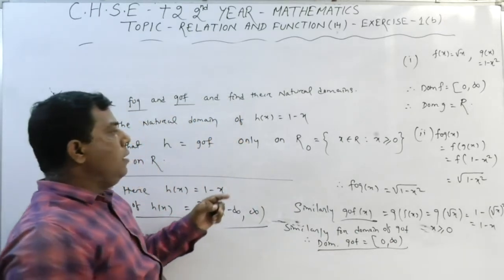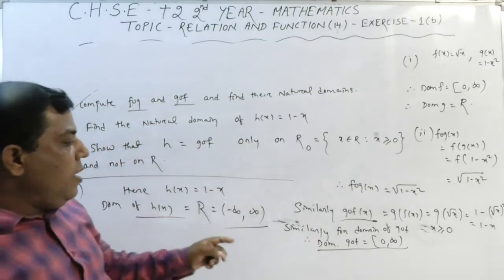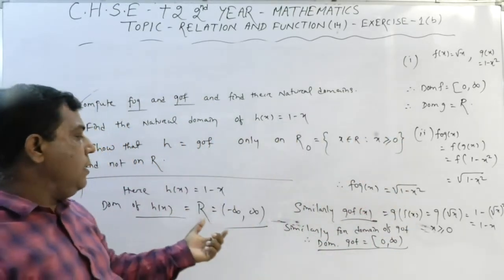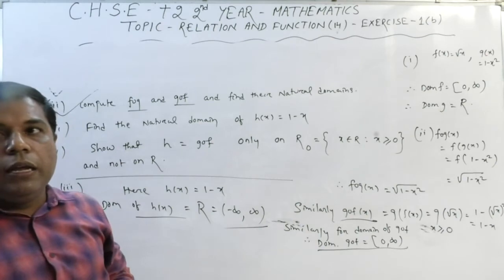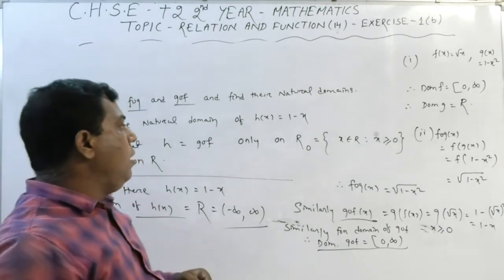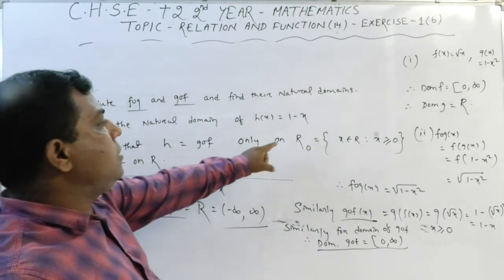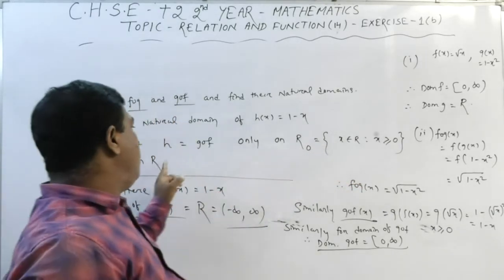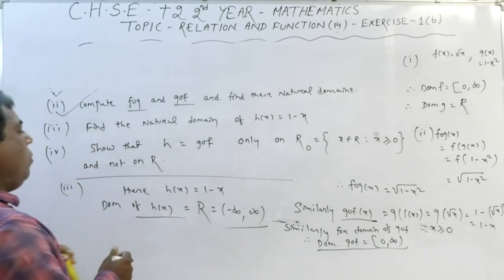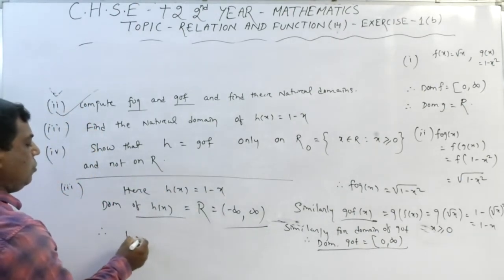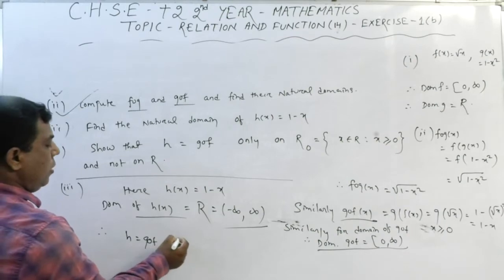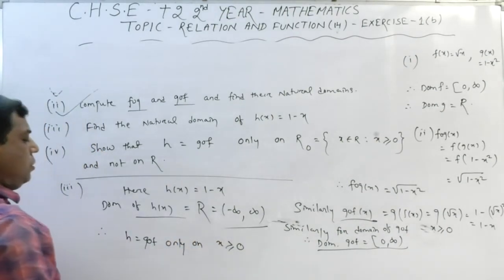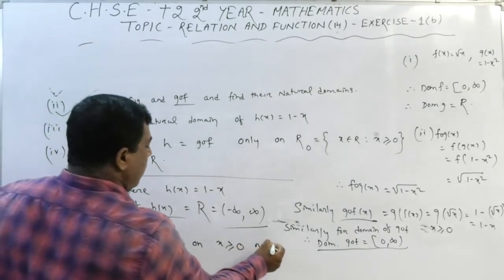But the domain of gof is the interval 0 to infinity, and for h it is minus infinity to plus infinity. So they are said to be equal only on the nonnegative real numbers, not on all of R. Therefore h equals gof only for x greater than or equal to 0, not on R.